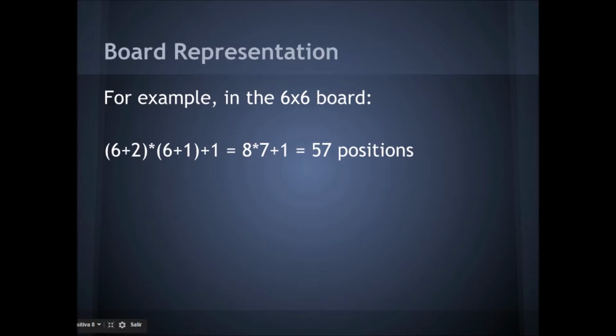So we will have an array with 57 positions, right? If we added the other edges, we will have 6 more, 63, but with 57 this will work. We will use less memory and this will go faster than a two-dimensional array, so both things are good with this size.